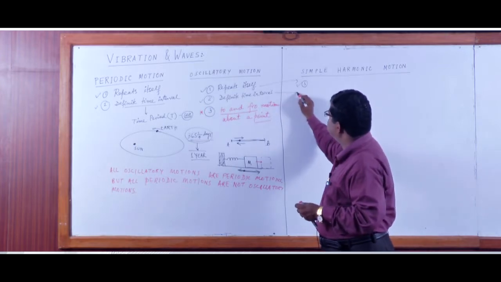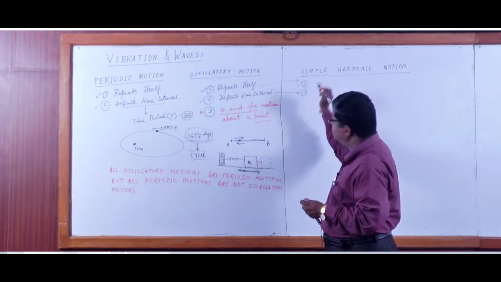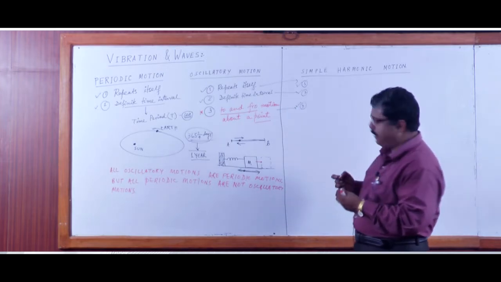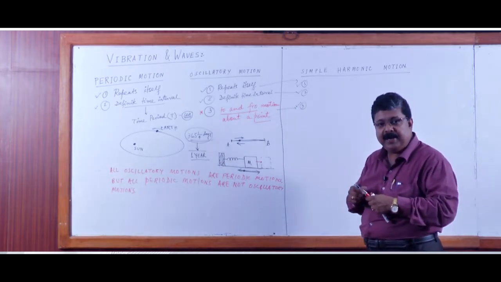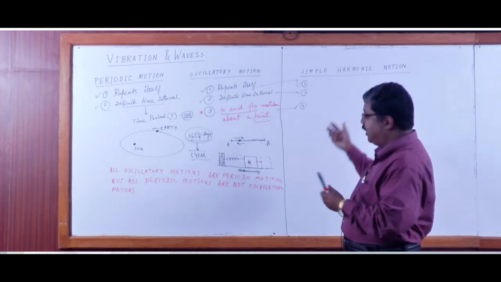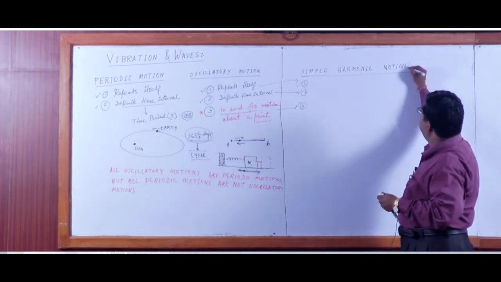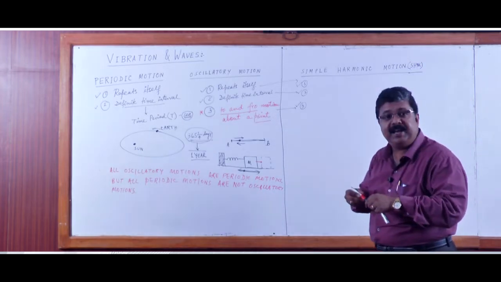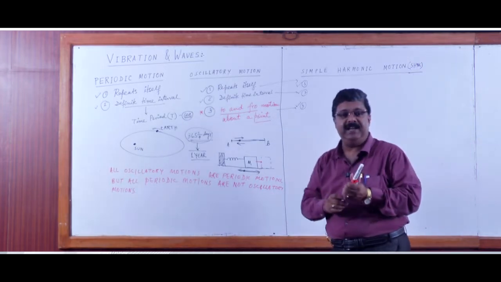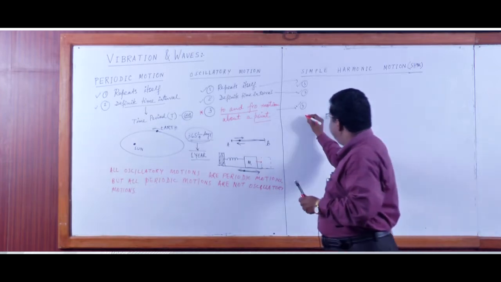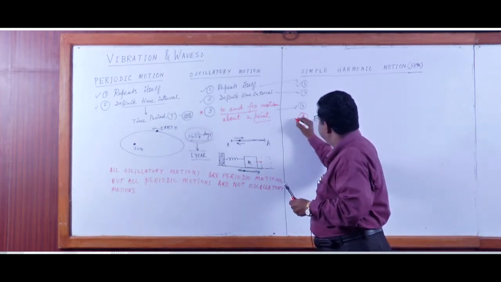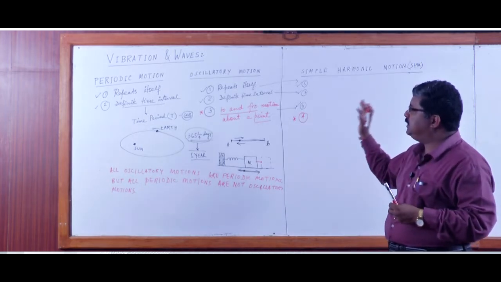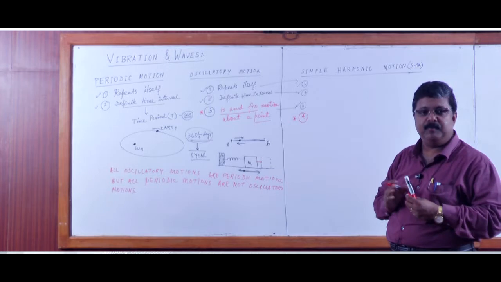Number two, it occurs after a definite time interval, that is also obeyed. This to and fro motion about a point is also obeyed in simple harmonic motion. Then in simple harmonic motion, or very popularly called SHM, what is the speciality? There is a speciality. The fourth point, I am writing it in a different color to emphasize, differentiates between simple harmonic motion and oscillatory motion.